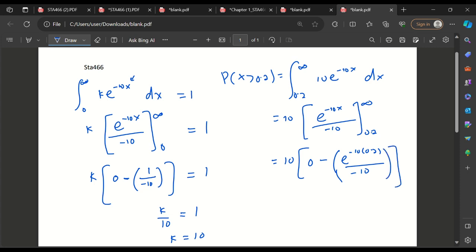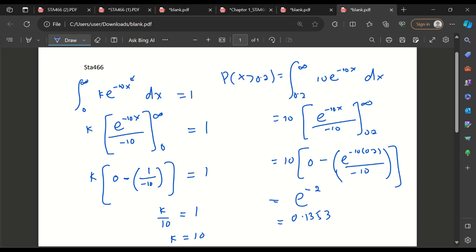Oh, calculator saya tak ada ni. So, berapa yang akan dapat kat situ? So, kat sini akan dapat e power of negative 2. Okay, is it true? 0.135.